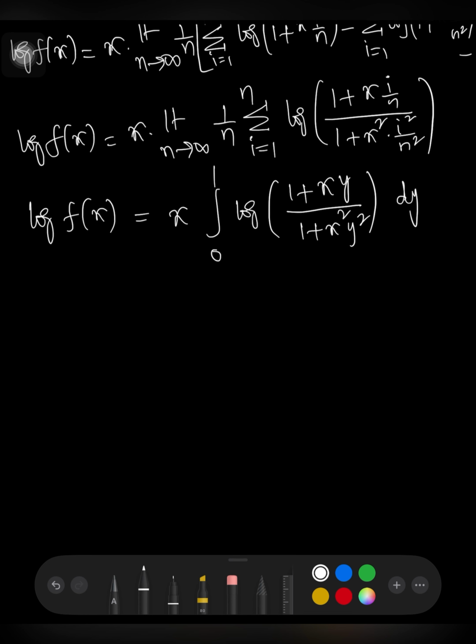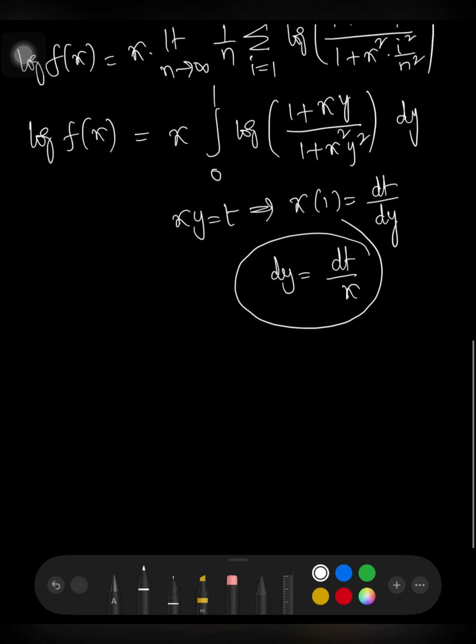Now I can take xy equals t. Now I can differentiate with respect to y on both sides: x into 1 equals dt by dy. Then dy equals dt by x.